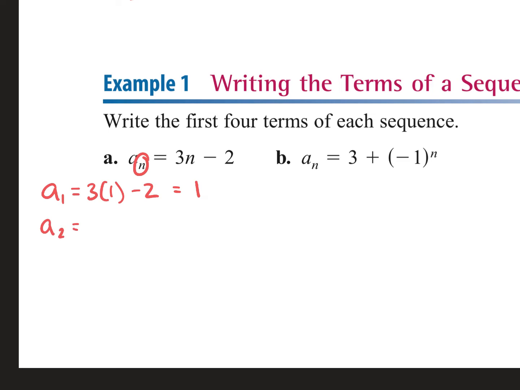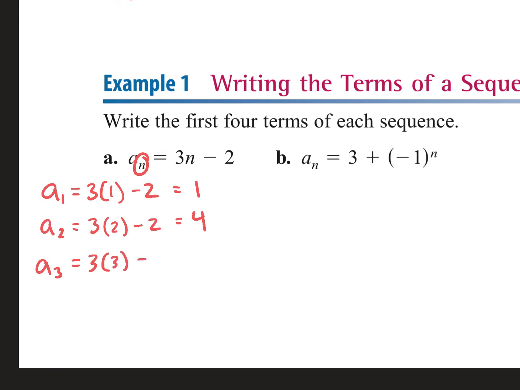So a sub 2 is 3 times 2 minus 2. 3 times 2 is 6. 6 minus 2, 4. A sub 3. We plug in 3 for n.